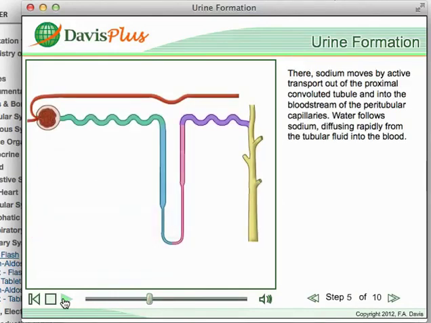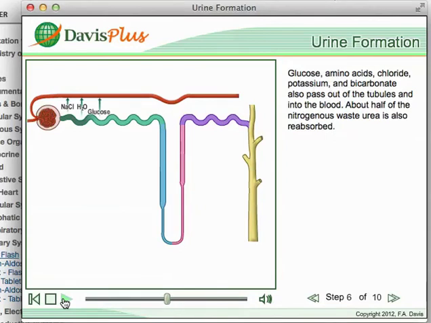There, sodium moves by active transport out of the proximal convoluted tubule and into the bloodstream of the peritubular capillaries. Water follows sodium, diffusing rapidly from the tubular fluid into the blood. Glucose, amino acids, chloride, potassium, and bicarbonate also pass out of the tubules and into the blood.